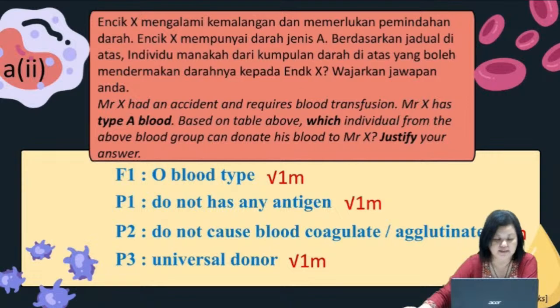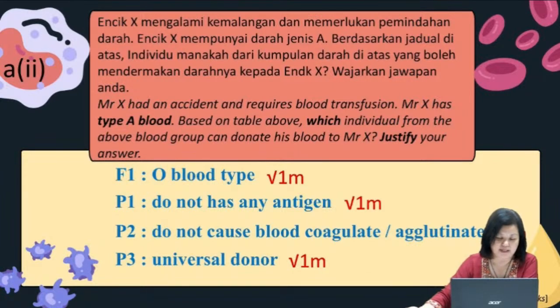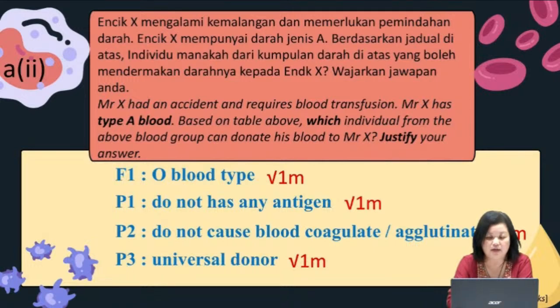For this question, the table shows AB blood type and O blood type. Mr. X has type A blood. O blood type is suitable to donate blood to Mr. X because O blood type does not have any antigen on red blood cells, so it does not cause the blood to coagulate or agglutinate.